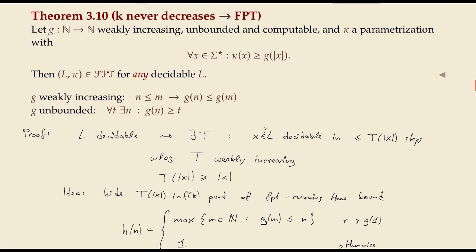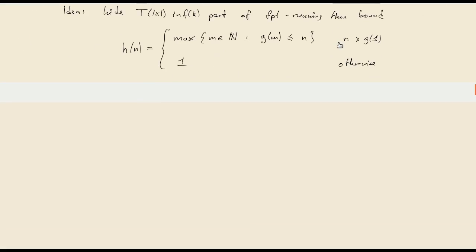Now g is the function that we were given in the theorem that is the lower bound on the parameter of the instance. Now we have to make a few observations about this function h. Since g is weakly increasing and unbounded, we will for sure at some point cross this line, this height n, which means that h is well defined.